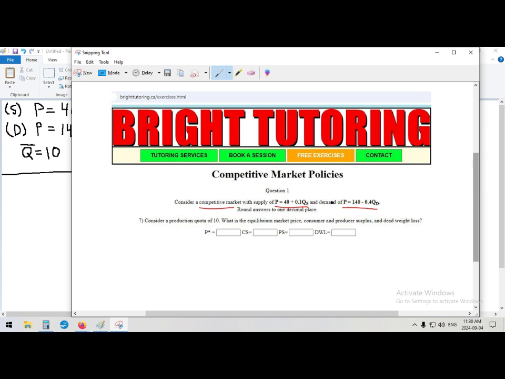With that information, we have to figure out what happens when they implement a production quota policy of 10 units and how that changes the equilibrium market price, consumer and producer surplus, and what deadweight loss it generates. So to start off, let's find the competitive equilibrium and then see how it changes when the quota comes into place.